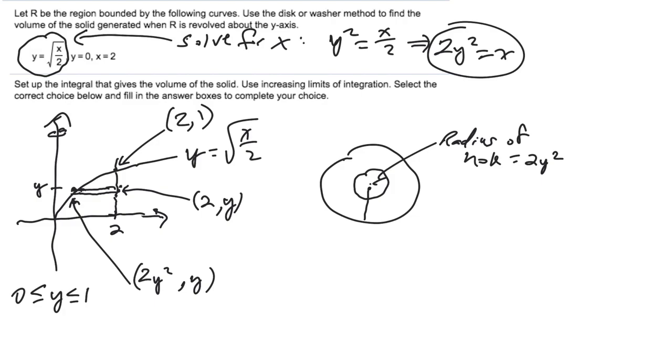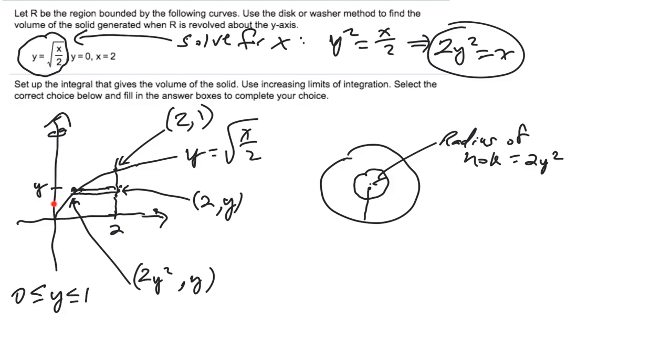Now I need to know the big radius, the radius of the entire object. Again, that's the distance from the center all the way out to the far edge of the washer. So the distance from the center, (0, y), out to (2, y). Well, it's a little weird, but that's always 2. The distance from (0, y) to (2, y) is always 2.